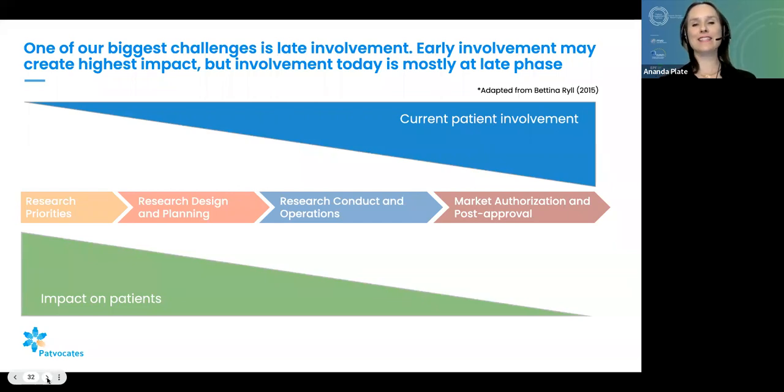Not all of them understandable, but some of them are. The patient community very often gets involved, if they get involved, in phase 3, when actually there's very little opportunity to shape the outcome of that research.